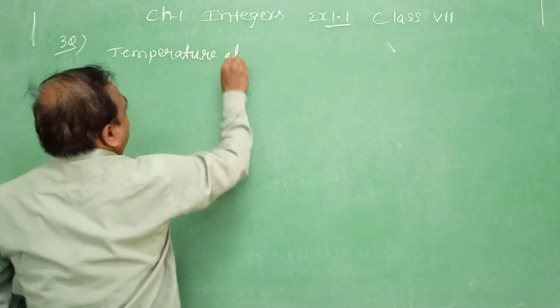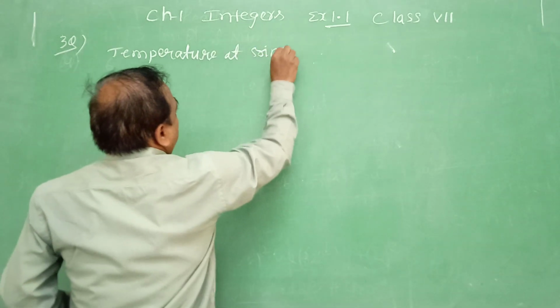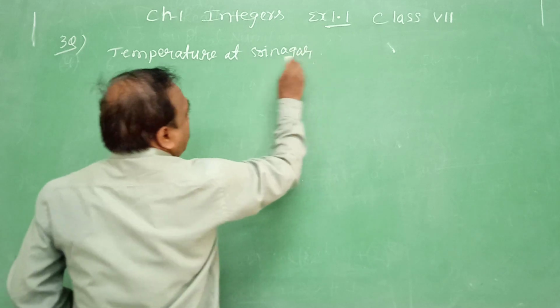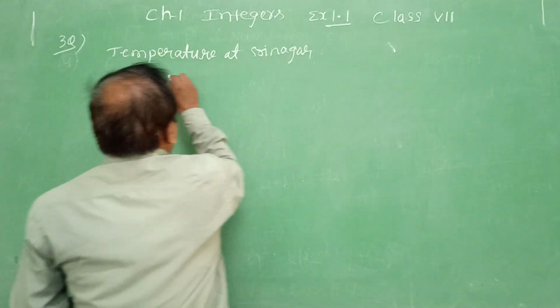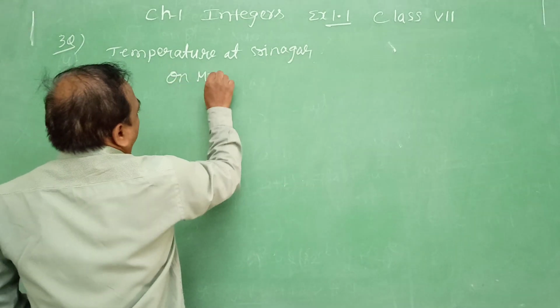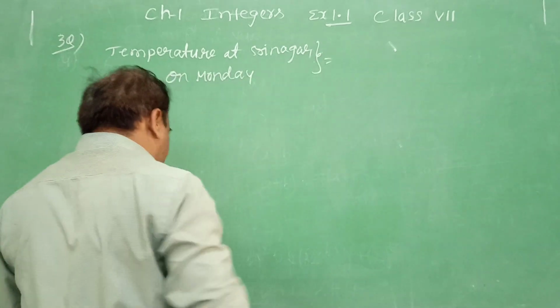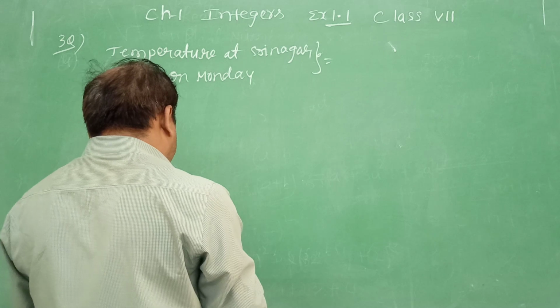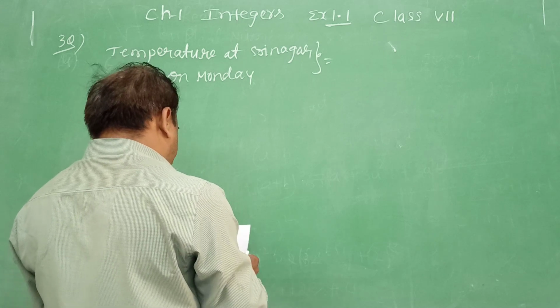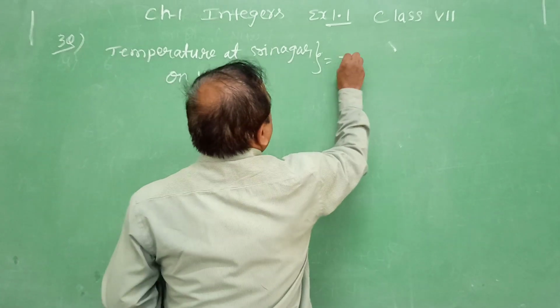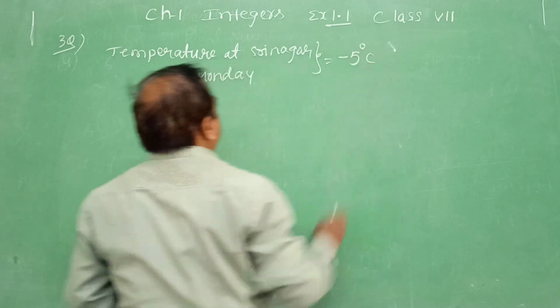Temperature at Srinagar on Monday. That is, the temperature was minus 5 degrees Celsius.